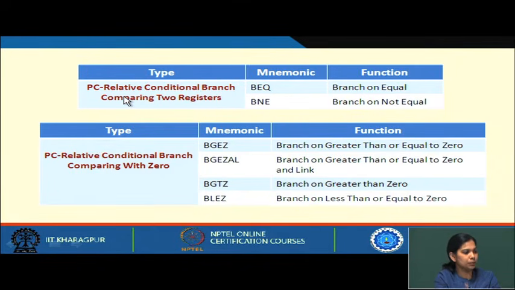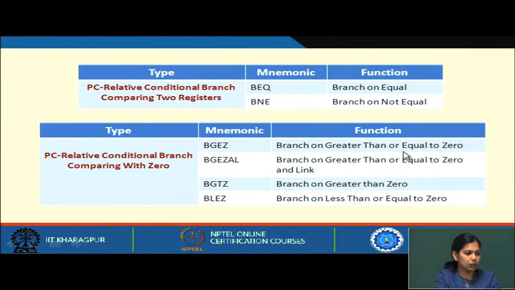Relative to PC, there are some instructions: branch if equal, branch if not equal. We will come across these kinds of branch instructions very frequently when we do programming. And there are some PC relative conditional branches comparing with 0.